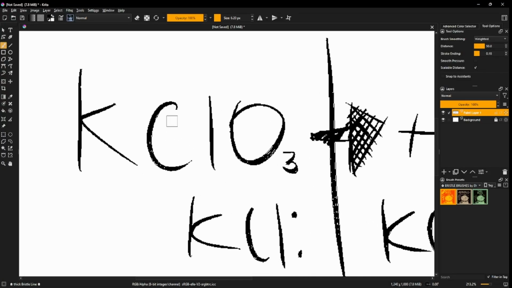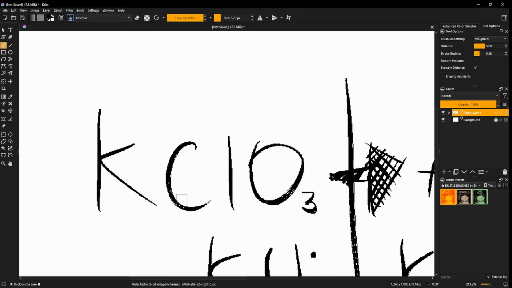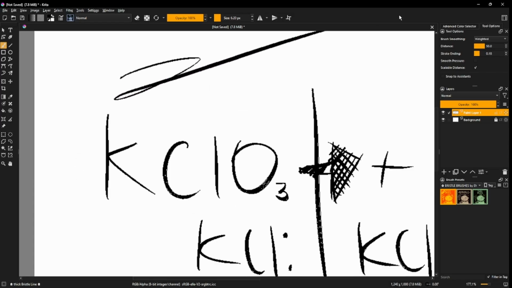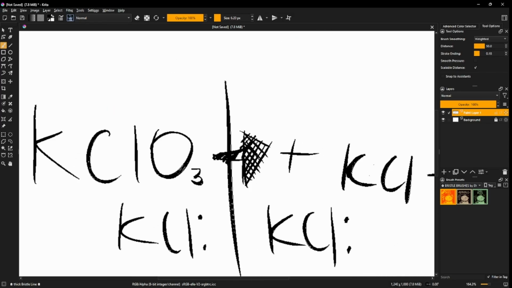So KCl, right? It's a compound. So you have K and then you have Cl, and they count as two, right? And this right here has a little subscript. These are called subscripts.